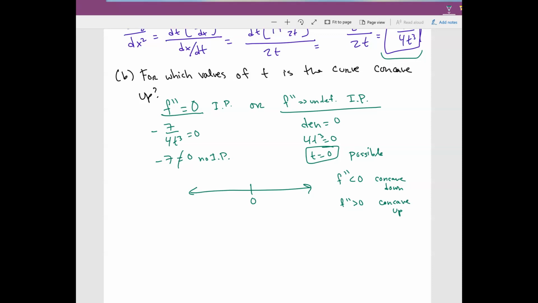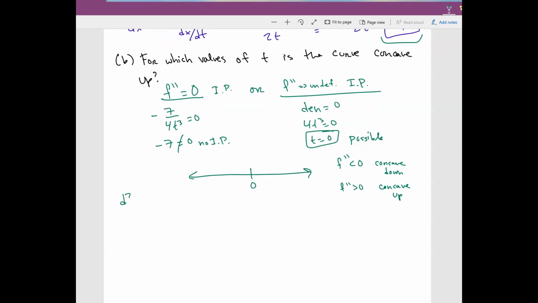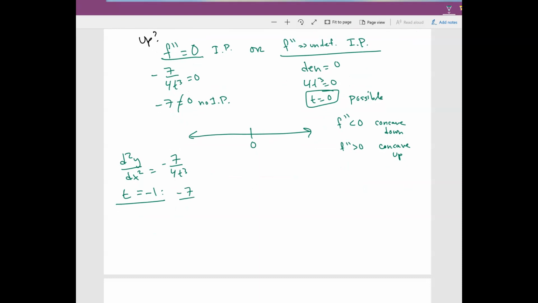So the first thing to do is plug in some values. We have d squared y over dx squared equal to negative 7 over 4t cubed. Let's plug in a number that's less than 0, so maybe negative 1. I get negative 7 over 4 times negative 1 cubed.